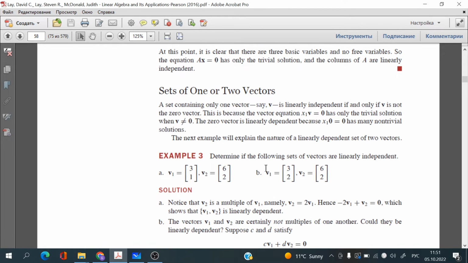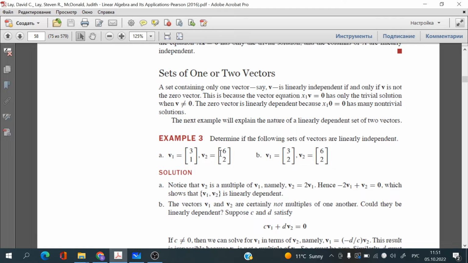Now let's consider the following example. Determine if the following sets of vectors are linearly independent. We have two vectors v1 and v2, and here are the same v1 and v2 but with different values. What we're going to notice from here, I mentioned in class: v2 is a multiple of v1, namely v2 equals 2v1, correct?